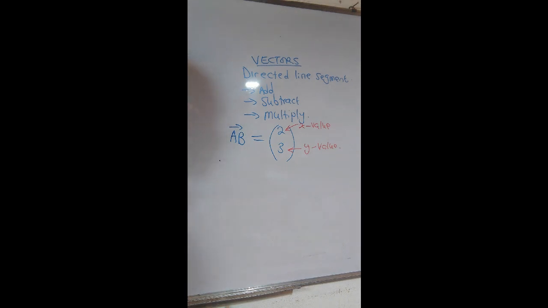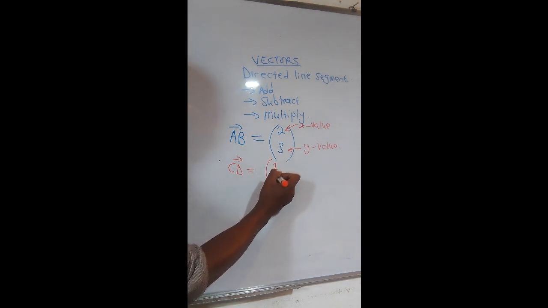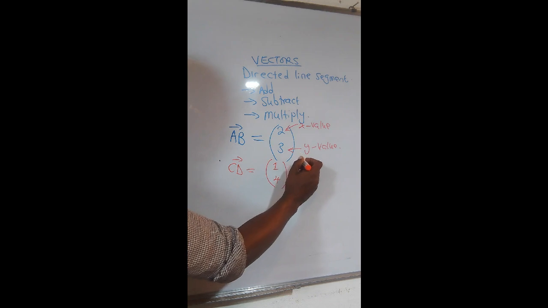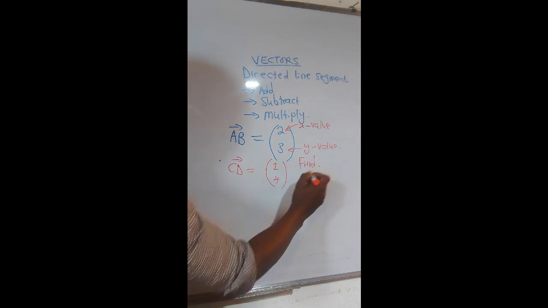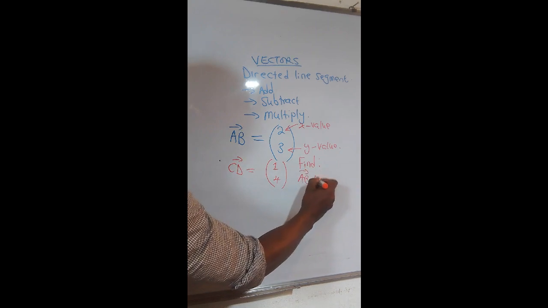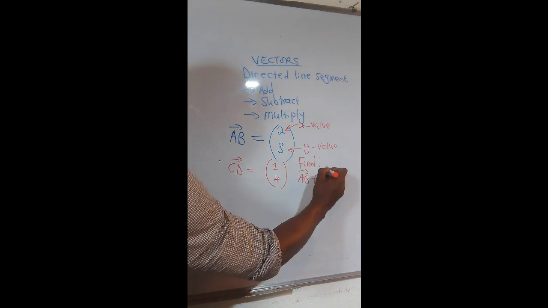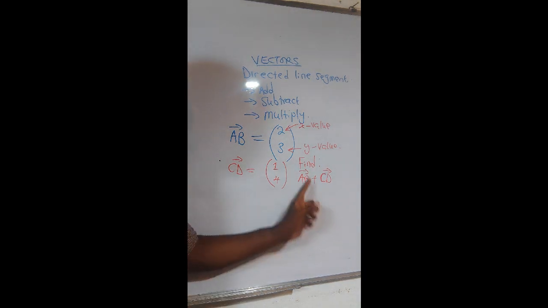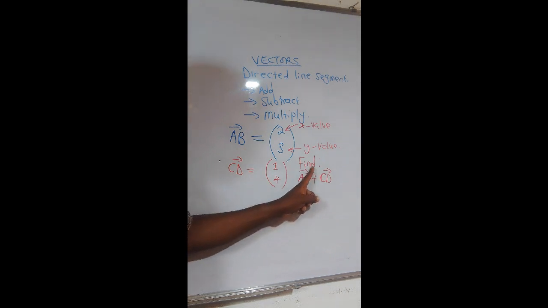And if you have another vector, let's say CD, given as (1, 4), we can say: find vector AB plus vector CD.